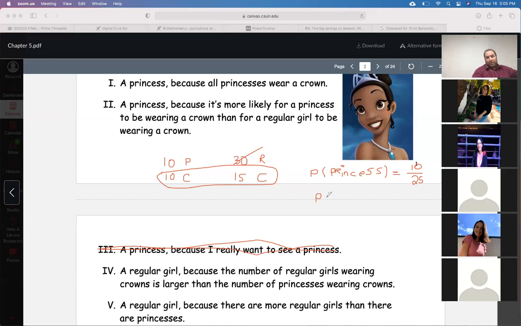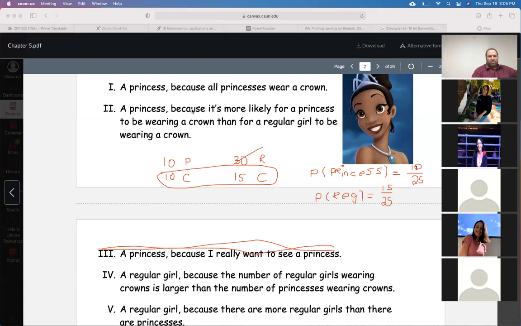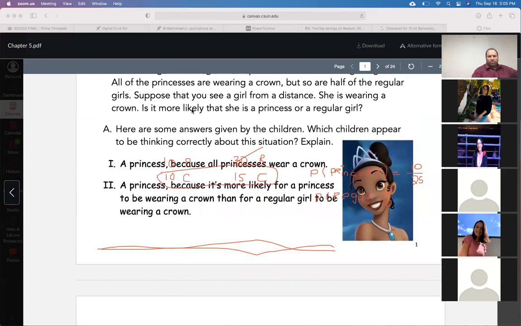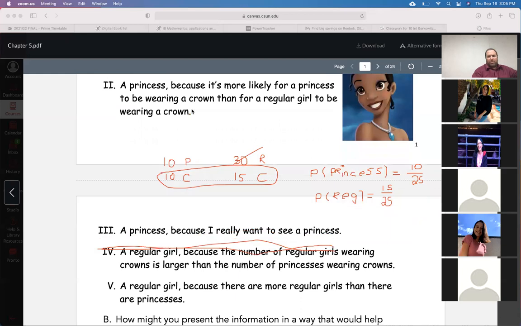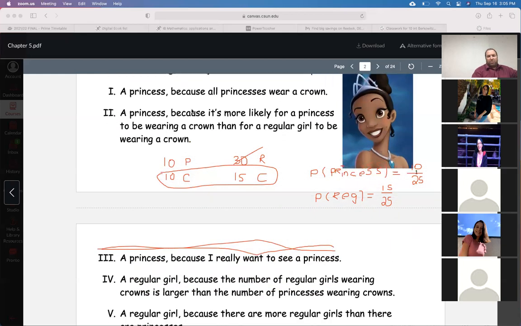And what's the probability of being a regular person? 15 out of 25. So therefore, ultimately, what was the question again? The question was, which is it more likely that she's a princess or a regular girl? So it is more likely that she is a regular girl.